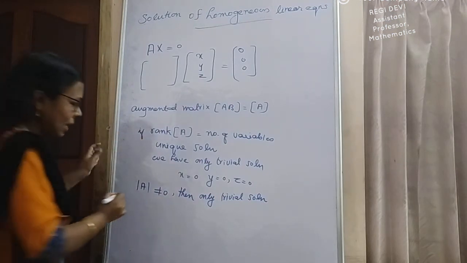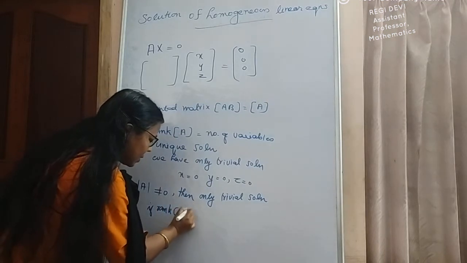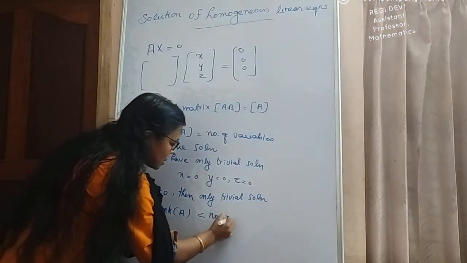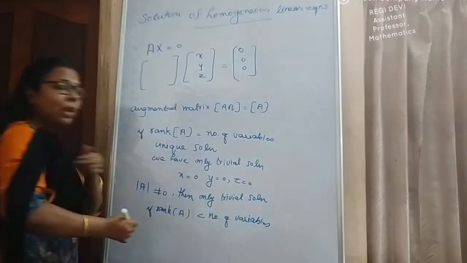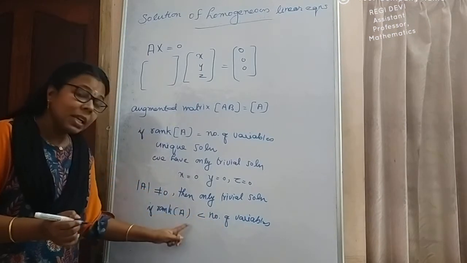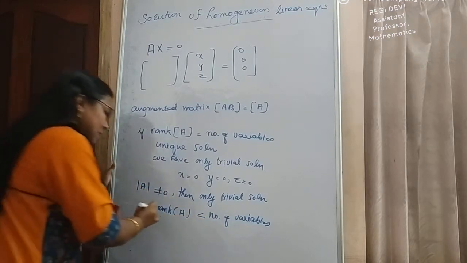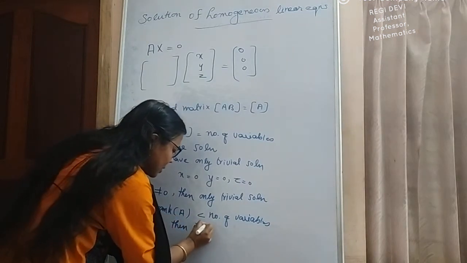If rank of A is less than number of variables, then we get infinite number of solutions.